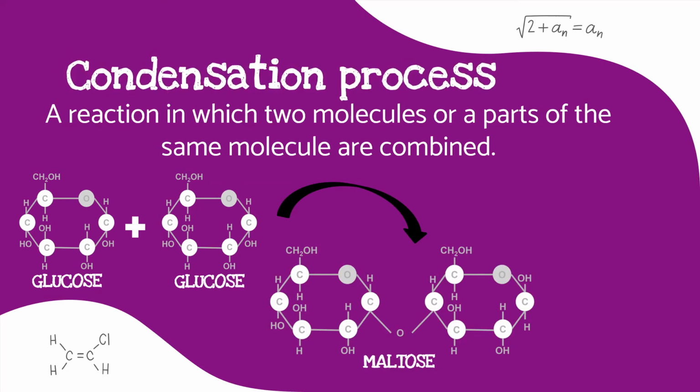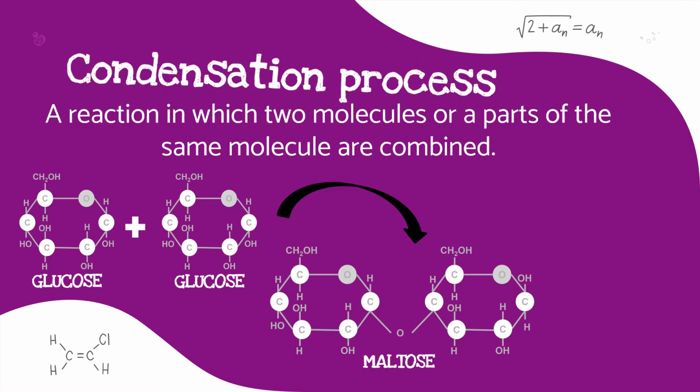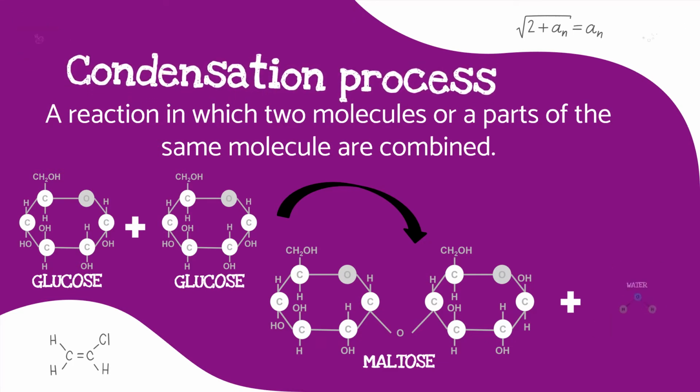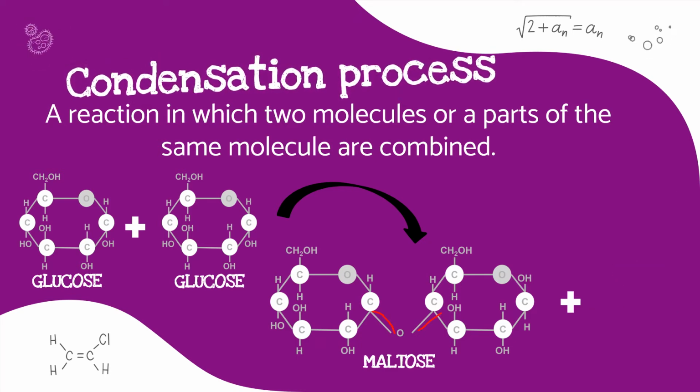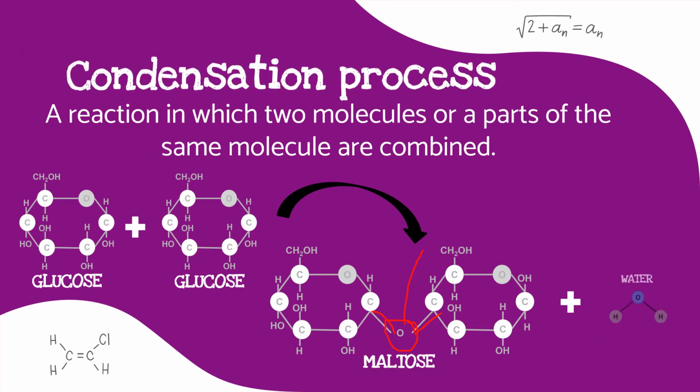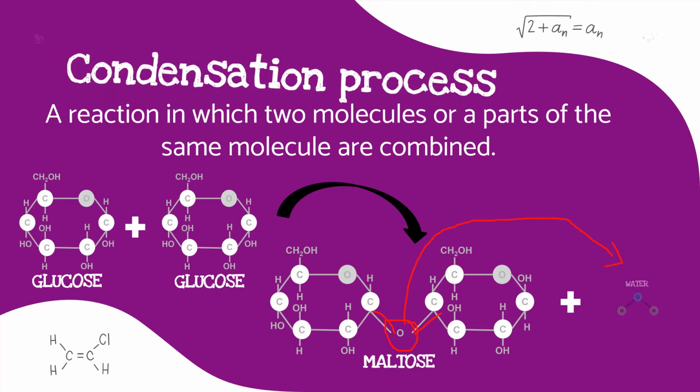As a result of the bonding between 2 glucose molecules, they also produce 1 molecule of water. So at the bonding of 1 glucose to another glucose, there is an H2O loss during the process.